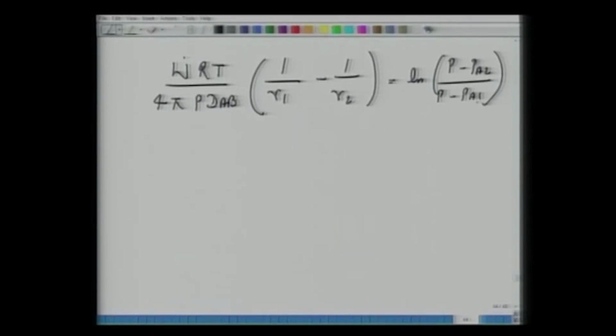Okay, so this is the expression we obtain for total moles per second of A diffusing in spherical coordinates.